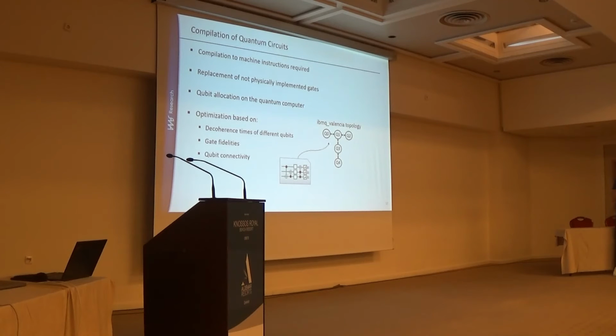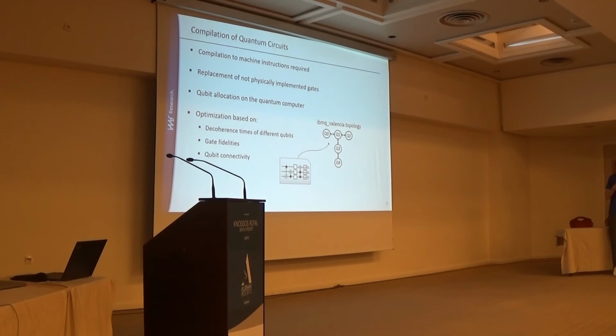Another point is the allocation of the qubits, which means to map the qubits from the quantum circuit to the quantum computer. And as these qubits have very different characteristics, for example, the coherence times and the connectivities, this can largely impact the execution of the quantum circuit and the results that we get.